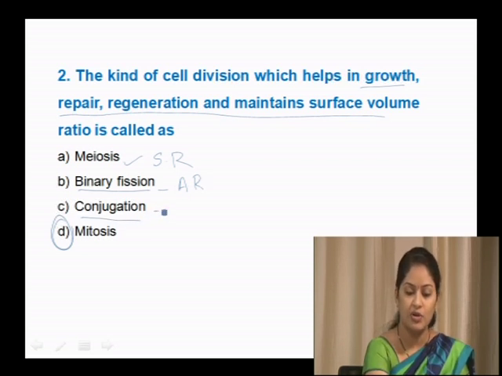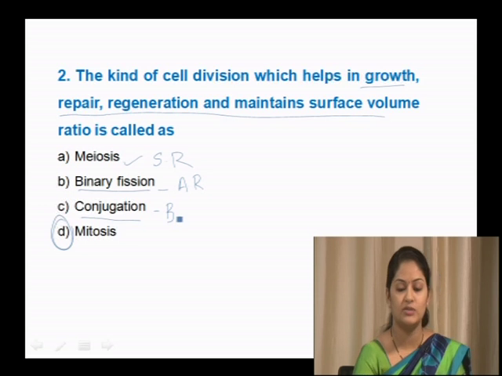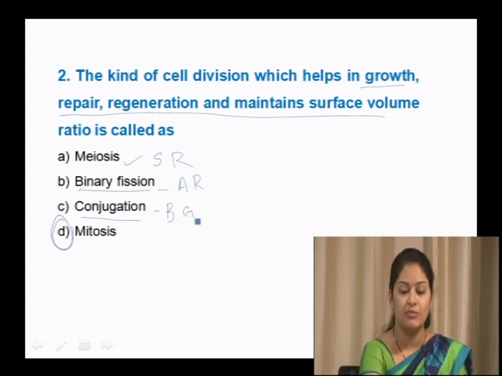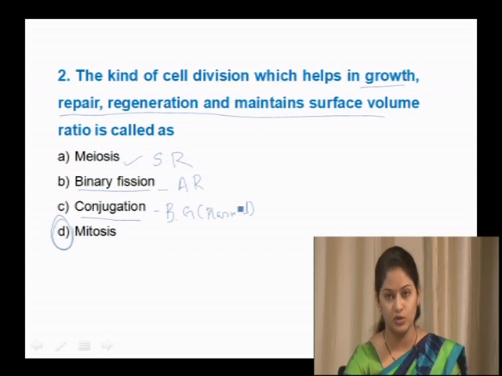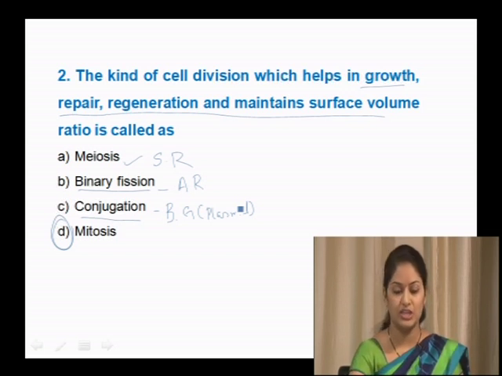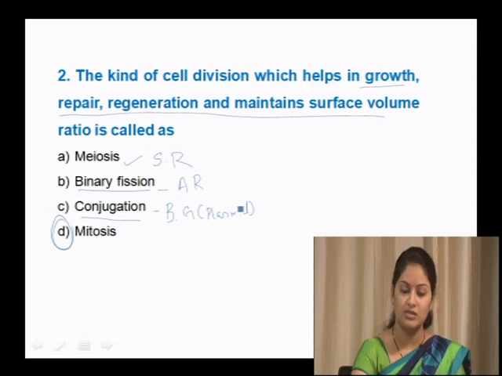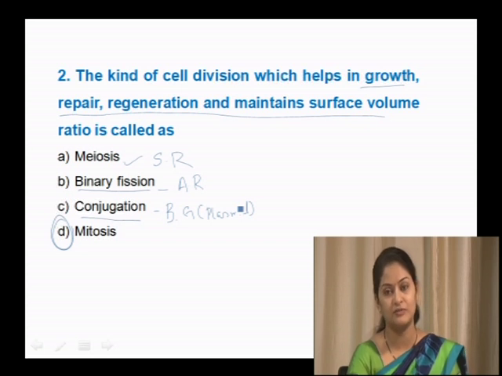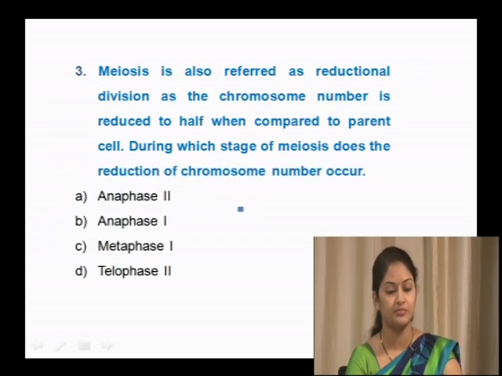Conjugation is a process observed only in bacterial cells, where the genetic material in the form of plasmids is shifted from one cell to another. So conjugation is a method of genetic material shifting found in bacteria. Binary fission is a kind of asexual reproduction. Meiosis is associated with sexual reproduction. Therefore, the answer for this question is D.